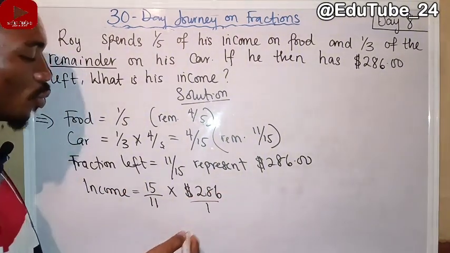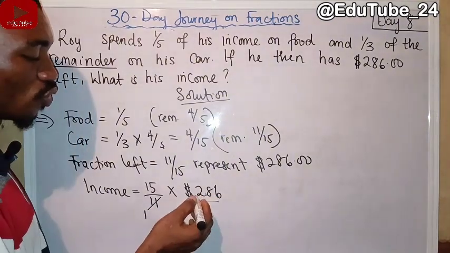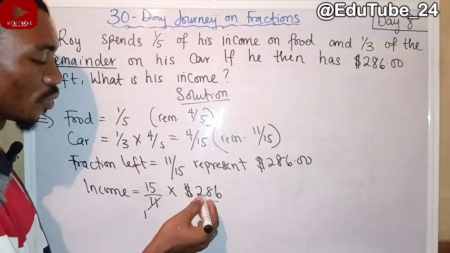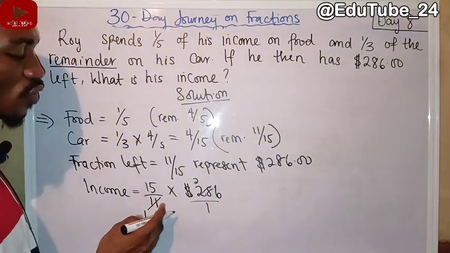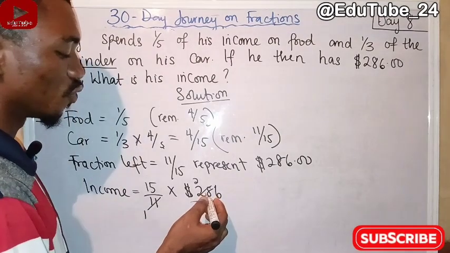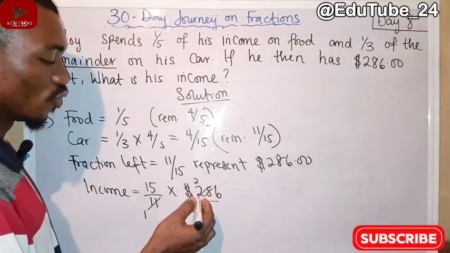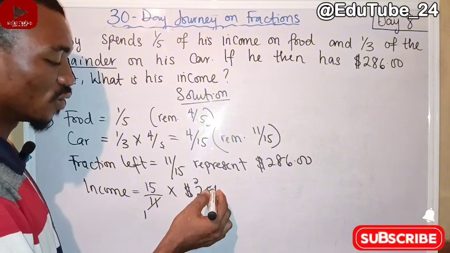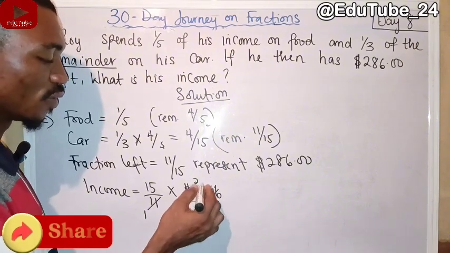Then we find a common factor. 11 and 11 will give us 1, and then 11 and 286. 11 and 28, we are going to have 2, because 2 times 11 gives you 22. If you take away 22 from 28, we will be left with 6. So 11 and 66, we are going to have 6.